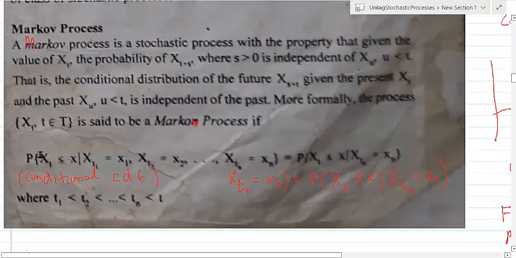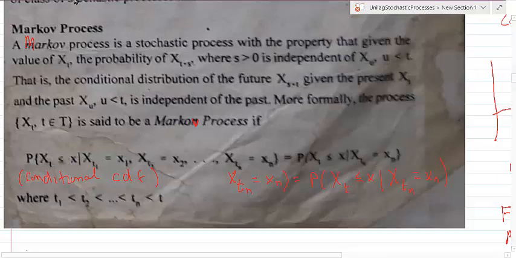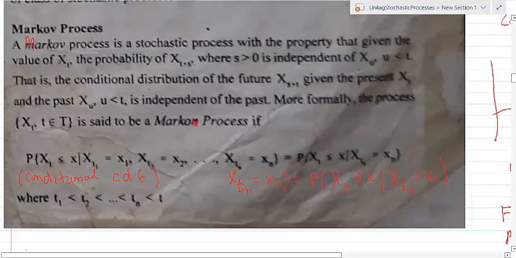The probability that x_t is less than or equal to capital X, given x of t1 equals x1. Now these small x's are specific values. You know that a random variable can take different specific values. So this first random variable x_{t1} takes the value x1, x_{t2} takes the value x2, and so on. x_{tn} takes the value xn.